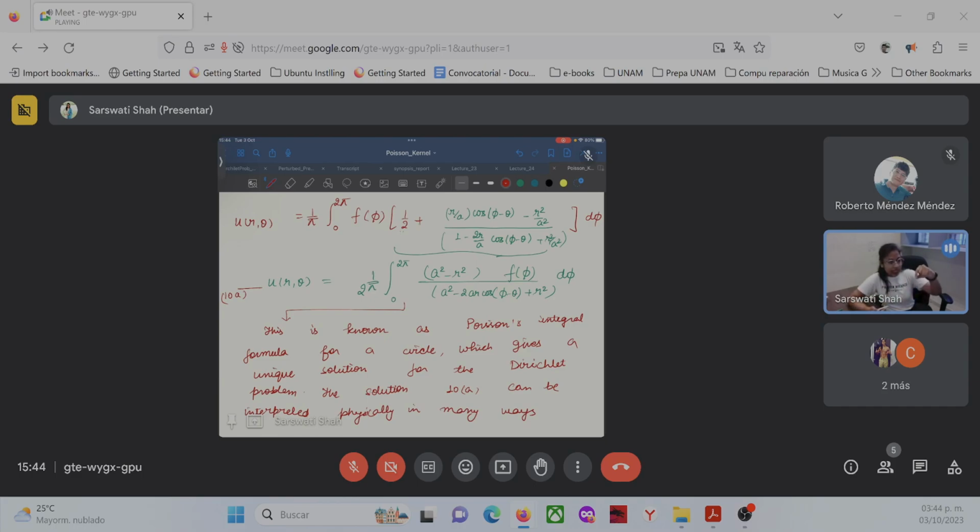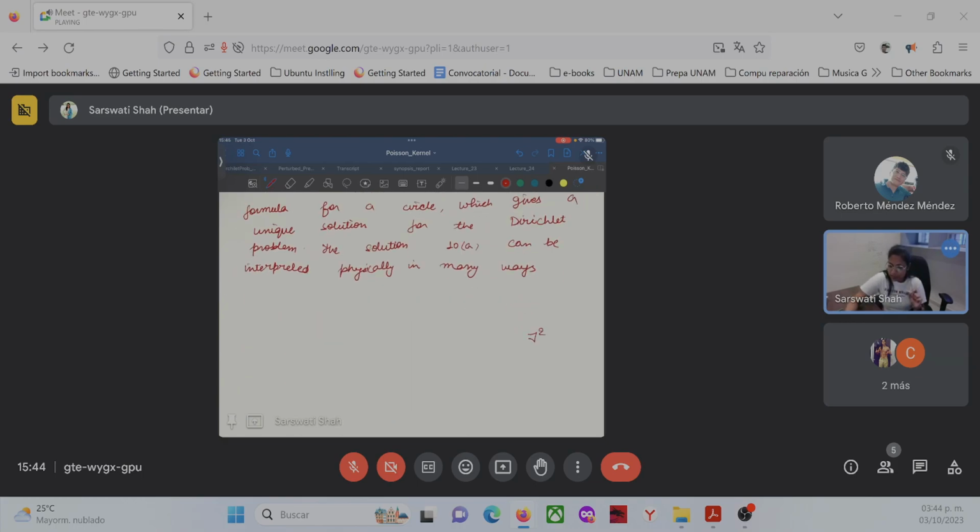When we are talking about a charge coming from an infinite distance, when we are considering a potential, what was the equation of potential? The equation of potential was del square u equals some function of theta. So in that case, calculating this potential u is going to give you this Poisson integral formula.